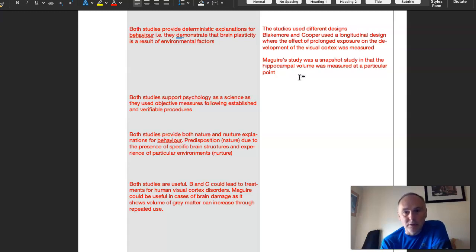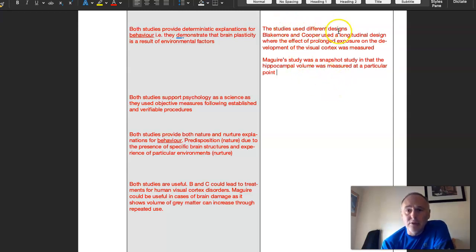However, the actual study was a snapshot study, in that the hippocampal volume was taken at a particular point in time. And there was a bit of a correlation back to see how the amount of time as a taxi driver had affected that. I'm waffling a bit with that, but I think you get the idea.